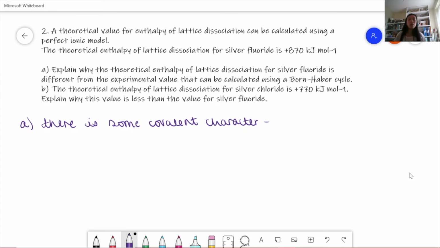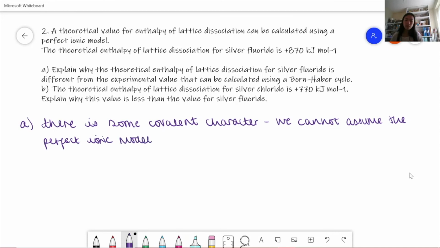And therefore we cannot assume the perfect ionic model, as it will be inaccurate because that's assuming that all the ions are perfectly spherical, whereas if they have some covalent character, then we've got some polarization, so some distortion of the ions.